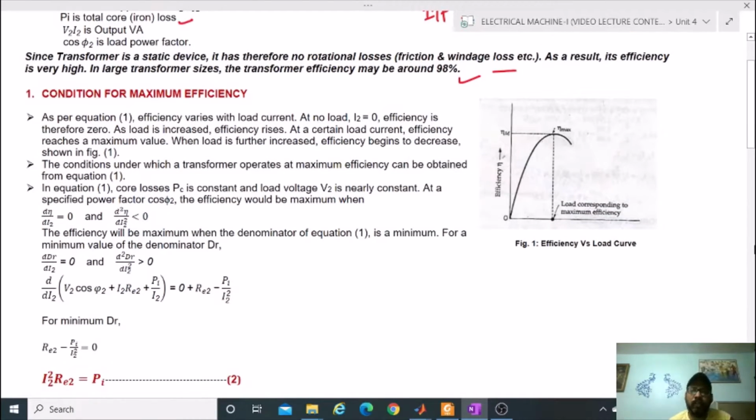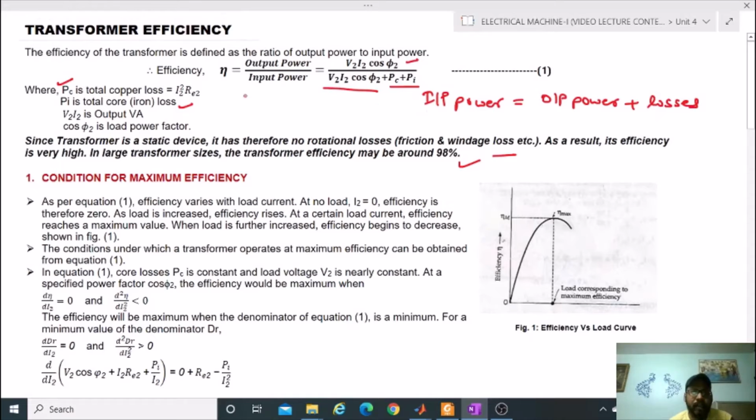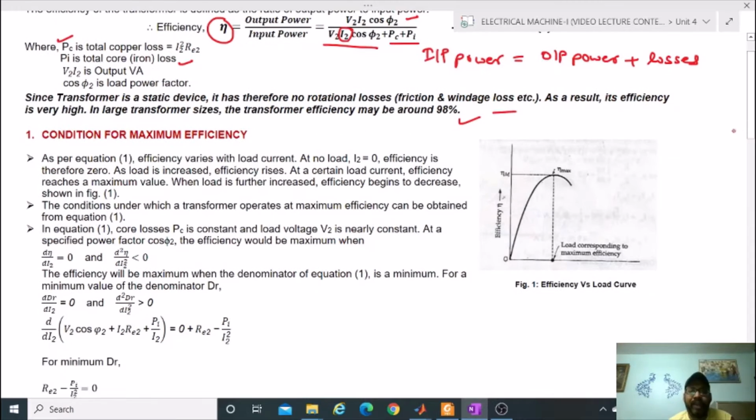So as per equation 1, we are seeing that efficiency depends upon this I2, where I2 is the load current. And we all know that it varies throughout the operation of the transformer. If I2 is equal to 0, the efficiency will also be equal to 0, and as I2 increases, the efficiency also increases.